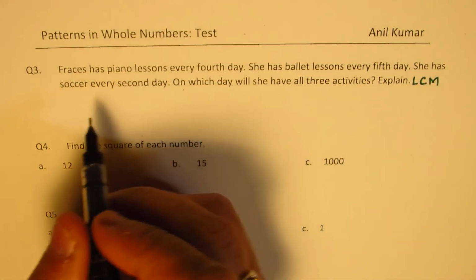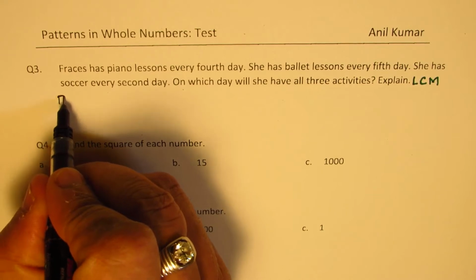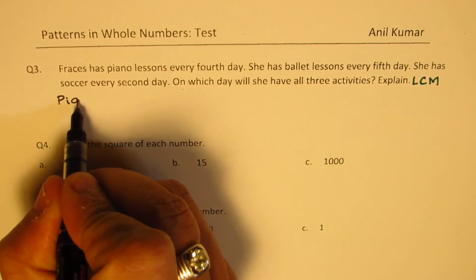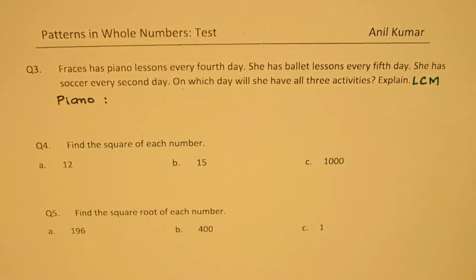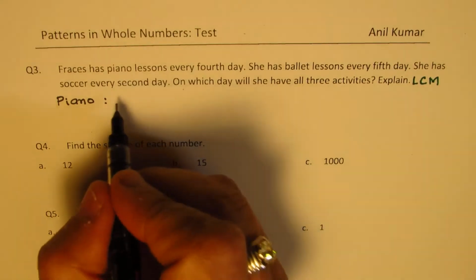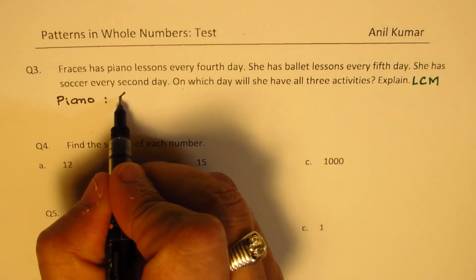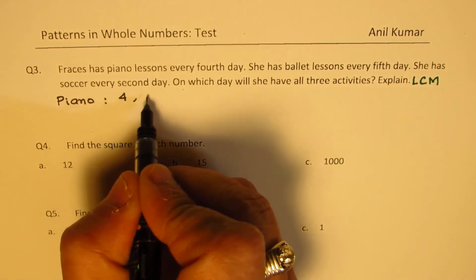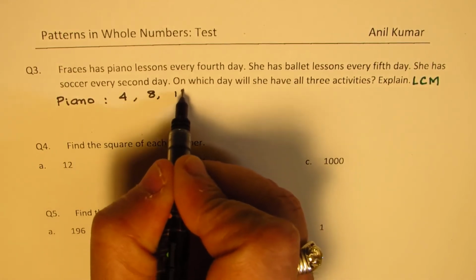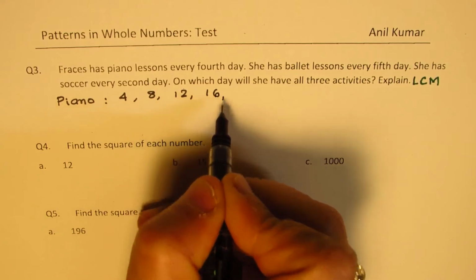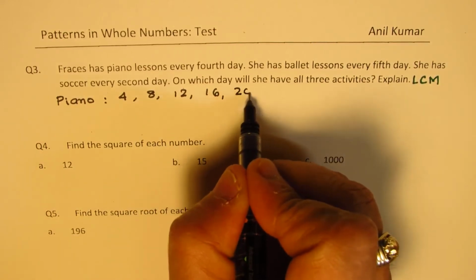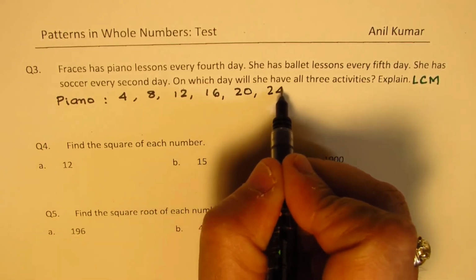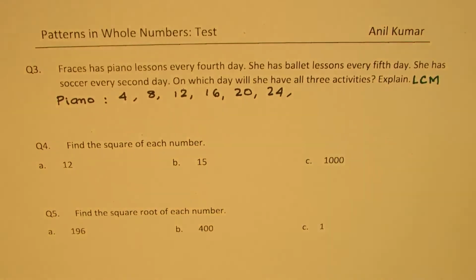So let's begin with the piano lessons. Piano lessons are every fourth day. That means multiples of 4. So it will be 4, 8, 12, 16, 20, 24, and so on.